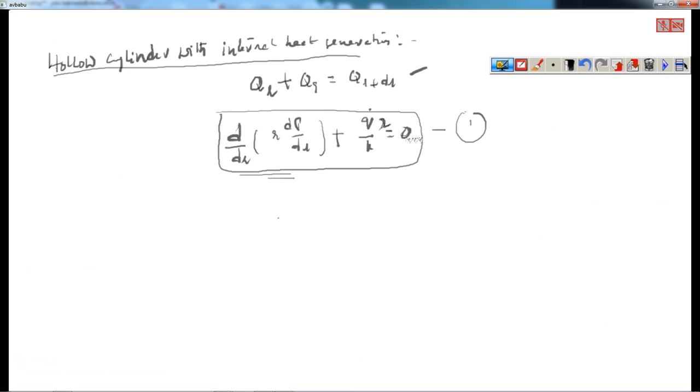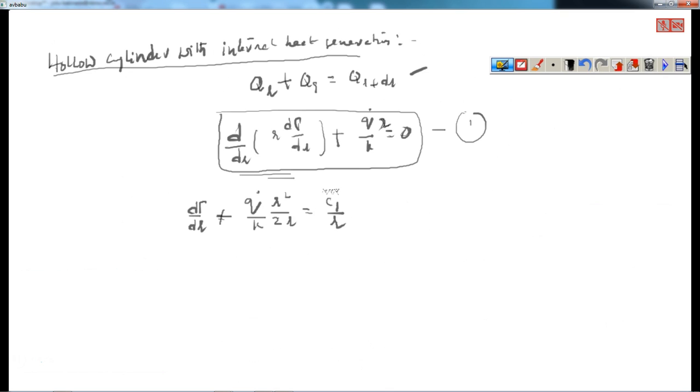This equation I am integrating first. When I integrate it, dt by dr is equal to minus q dot r square by 2k, and this r I am bringing here, is equal to c1 by r.